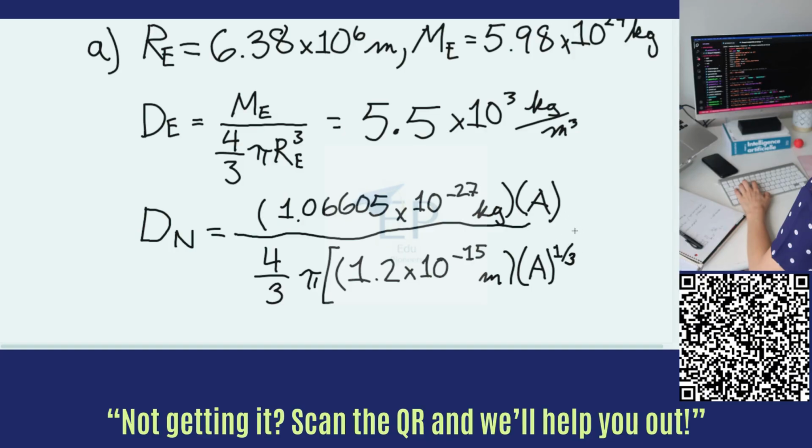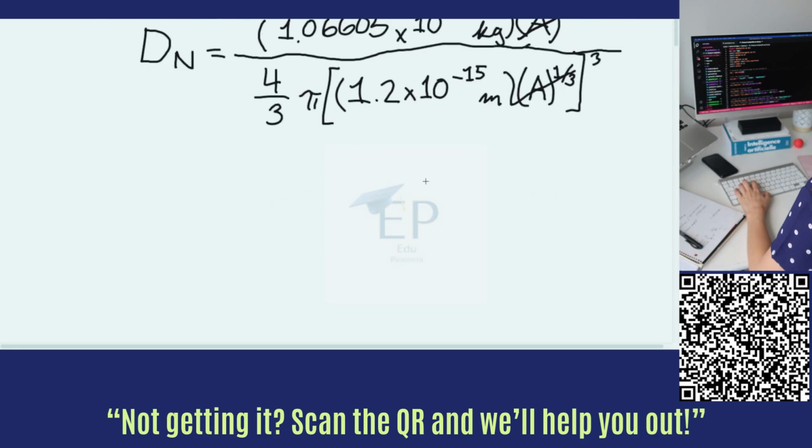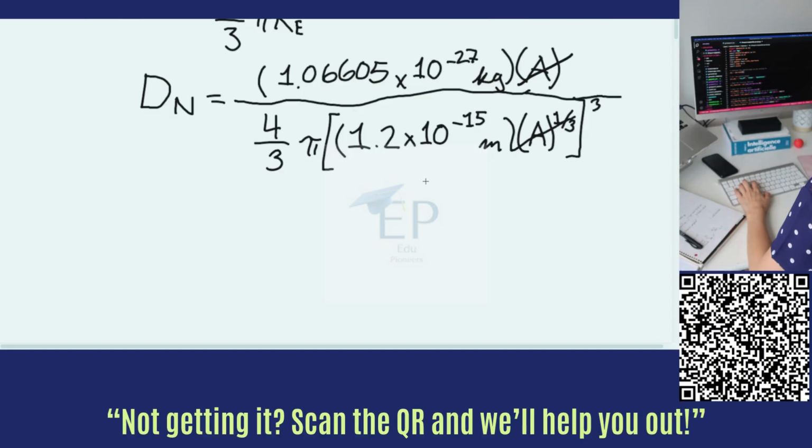But again, this whole quantity is a radius, and we're going to cube that. So the cube of a cube root is effectively A to the first. We have A to the first on top, so those cancel. So the moral of the story here is that the density of atomic nuclei doesn't depend so much on the type of nucleus it is. They're all roughly the same density, regardless of the element we're talking about.